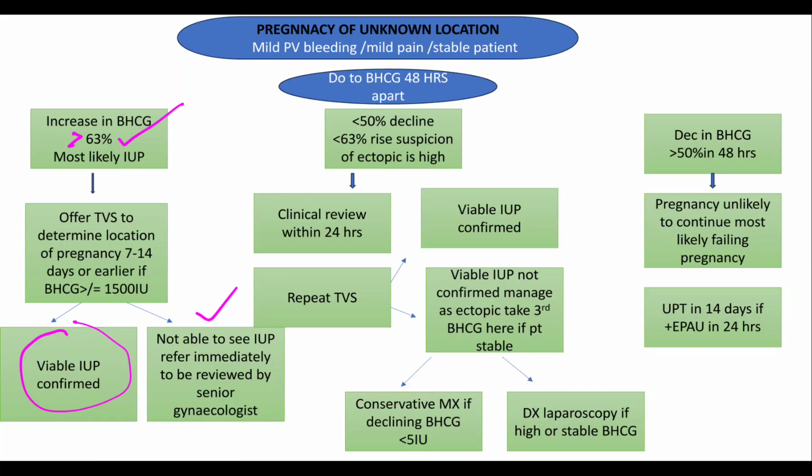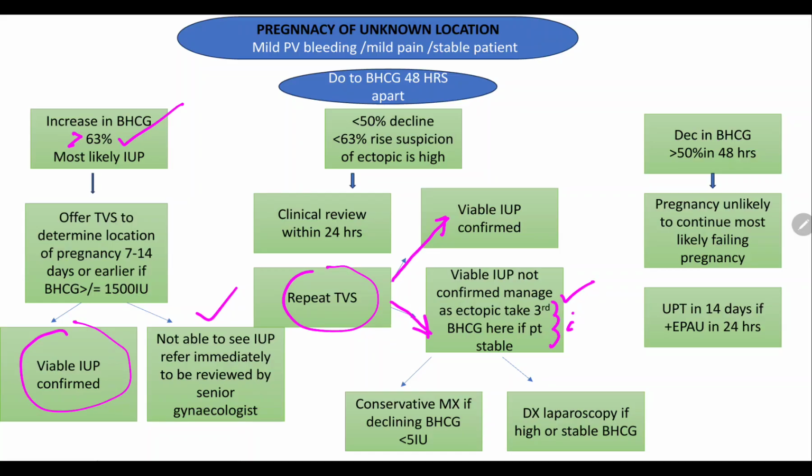So we will ask them to review within 24 hours in the early pregnancy assessment unit, where we repeat the transvaginal scan. Either the scan will confirm a viable intrauterine pregnancy, or it will not. Here we are again suspicious of an ectopic pregnancy.